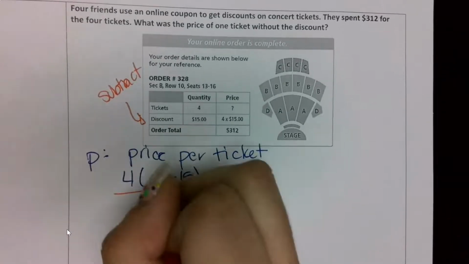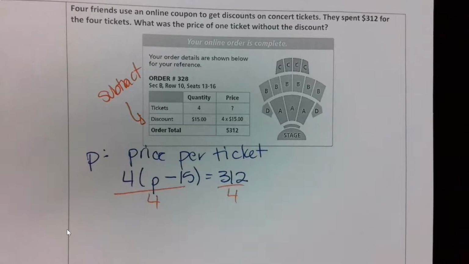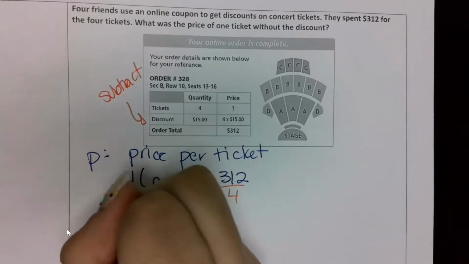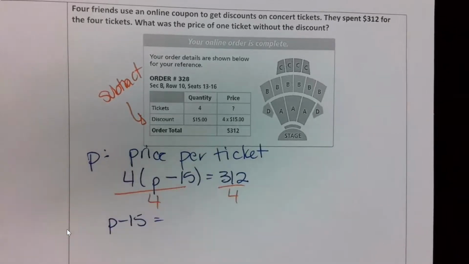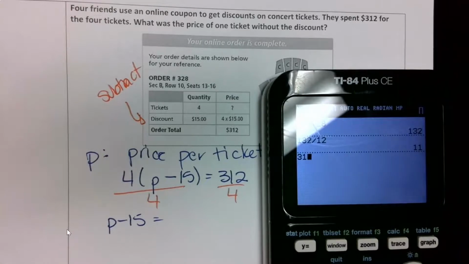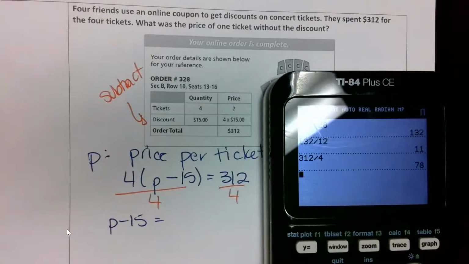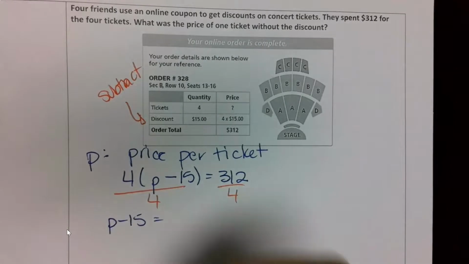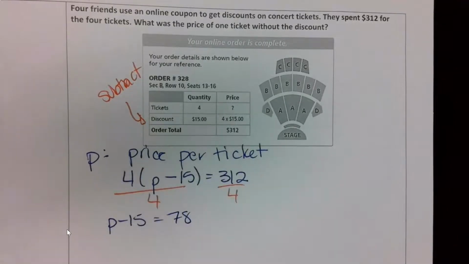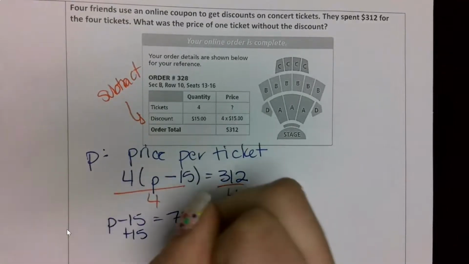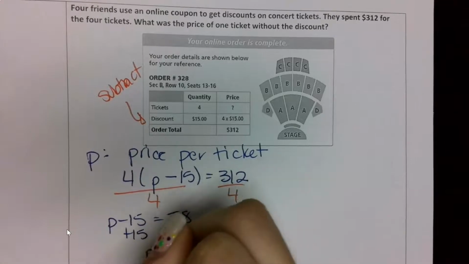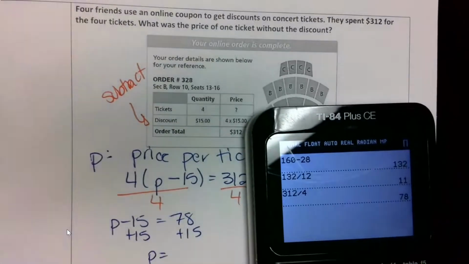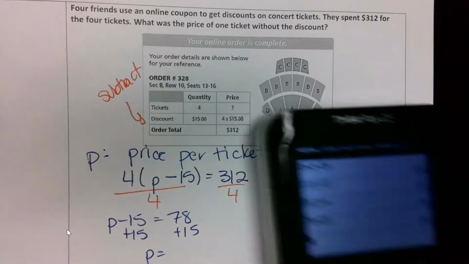Personally, I like dividing it, so I'm going to divide both sides by 4. That leaves me with p minus 15 equals, I don't know 312 divided by 4 off the top of my head, so I'm going to use my calculator. That gets me 78. Then I want to add the discount back to see the original price. So I'm going to do 78 plus 15, which gets me 93.